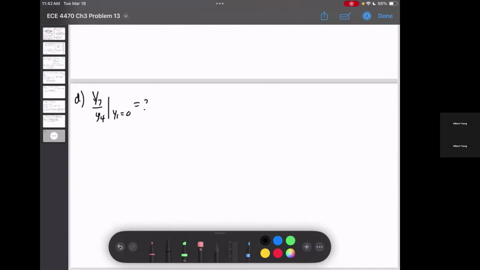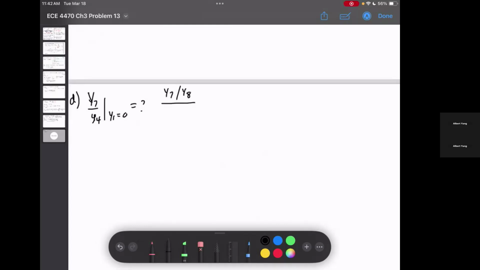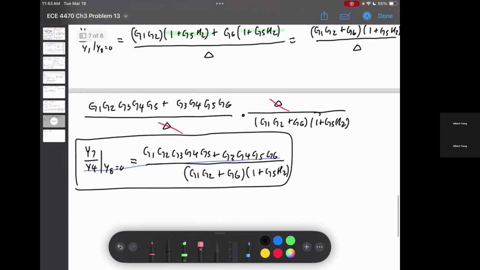And that would basically, we would need y7, y8. Since y1 is 0, we're using y8, so that's why we have y7, y8, and then just y4, y8. And then we would need, I think, let's check y7, y8.